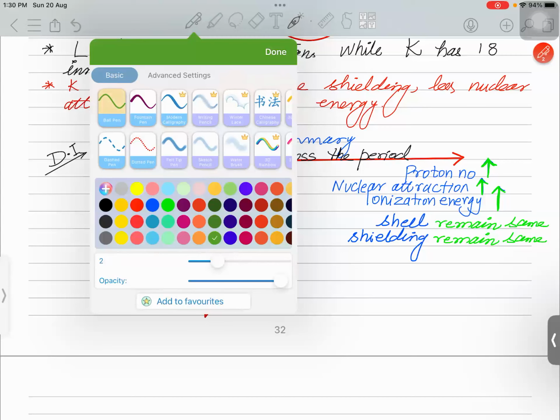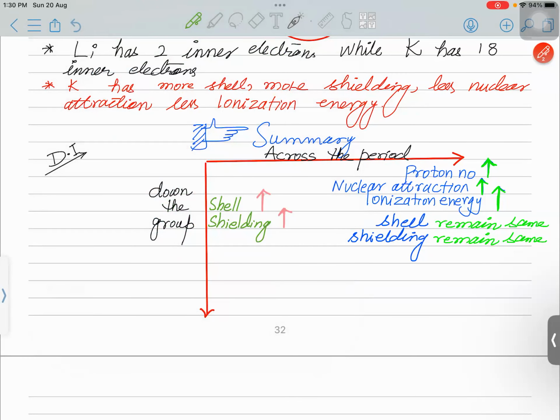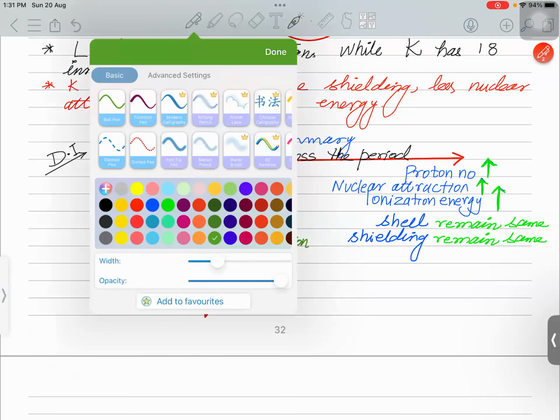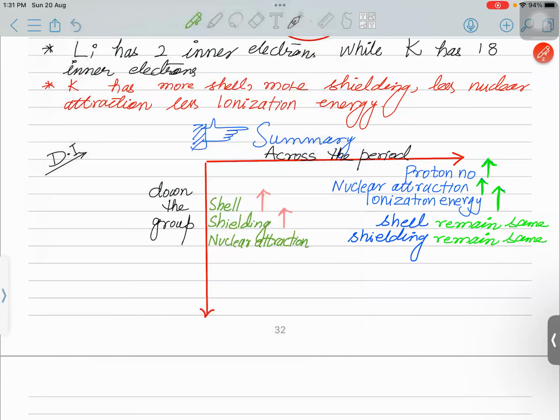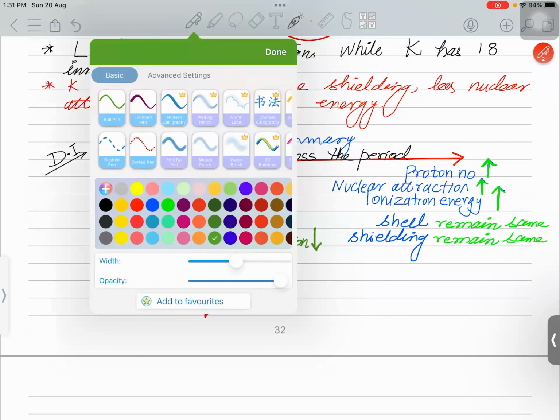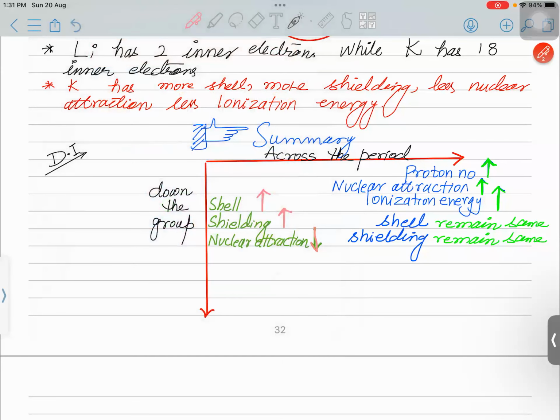And what about the nuclear attraction? It decreases. Nuclear attraction decreases.